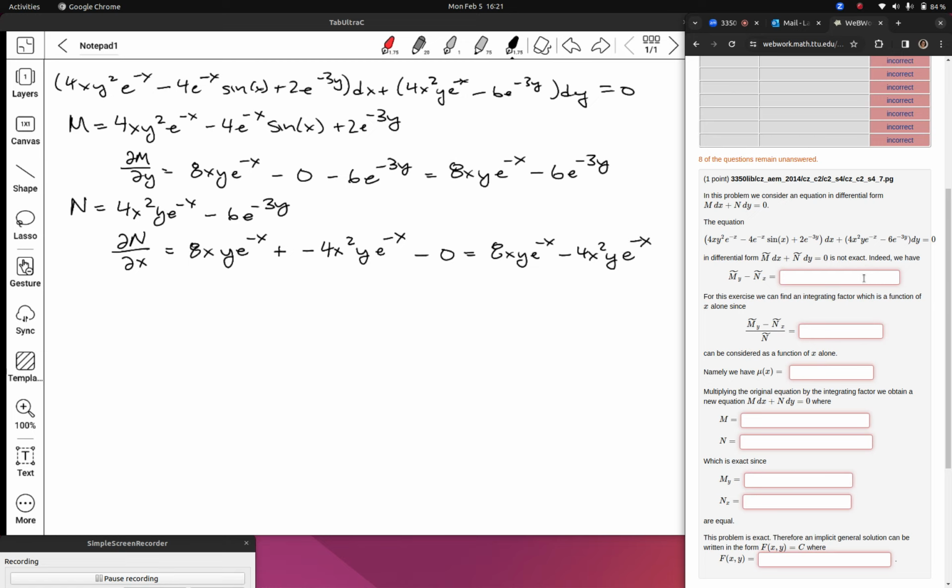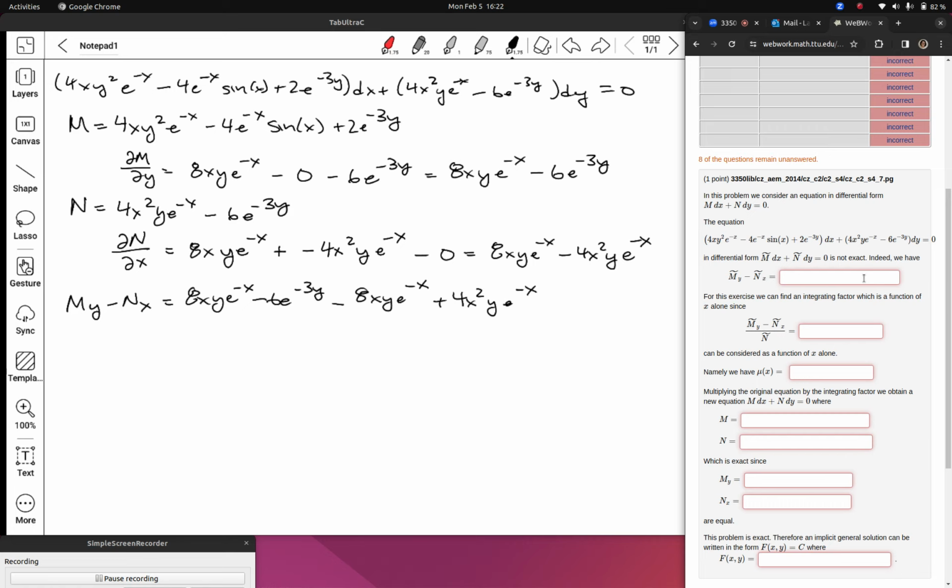So then this quantity I was asked for, M sub y minus N sub x, is going to be 8xy e to minus x minus 6e to minus 3y minus 8xy e to minus x plus 4x squared y e to minus x.